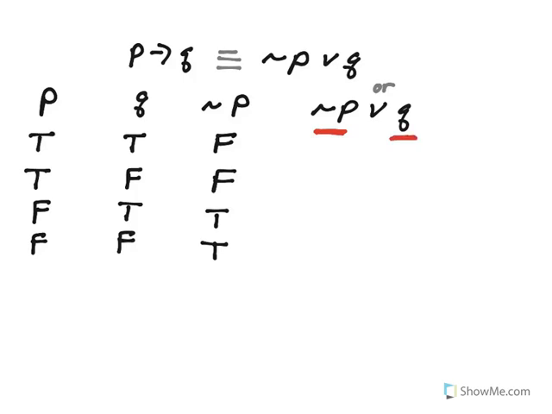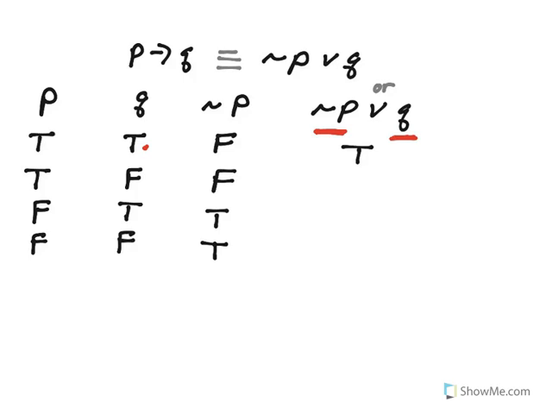Remember, with an OR, you will have a true statement if one of the statements is true. For the first row, the Q statement here is true, and if the other one is false, that's okay. That still gives an overall true statement.